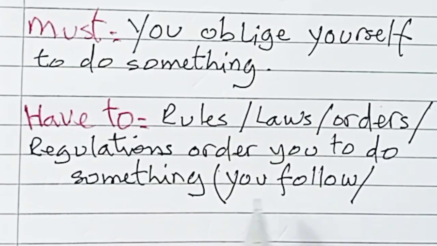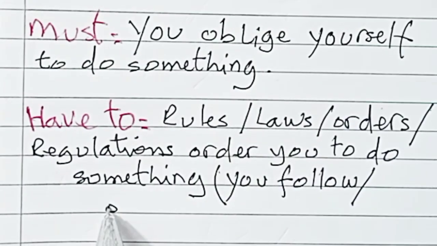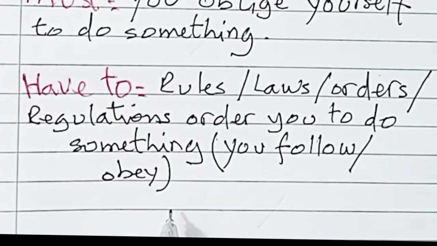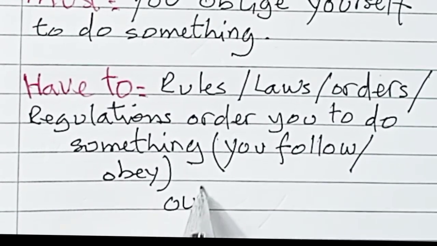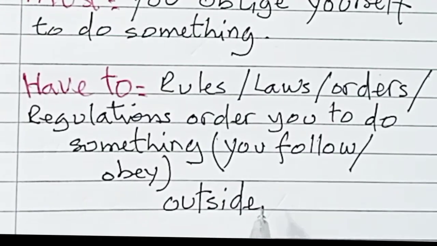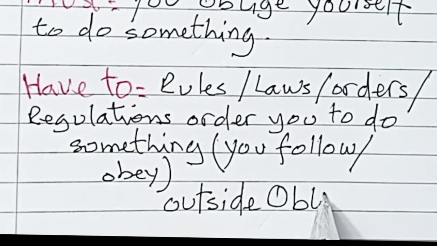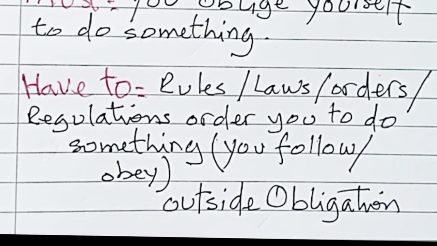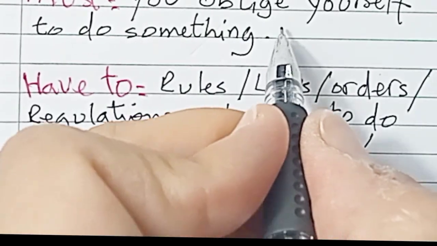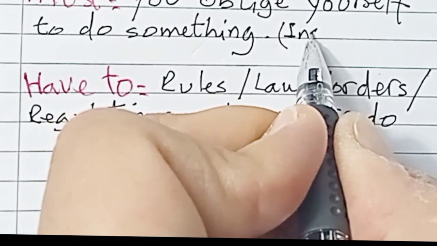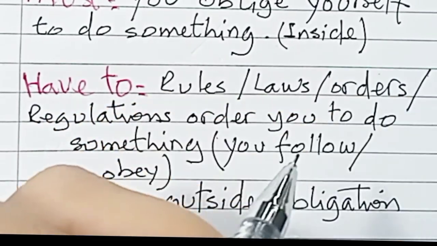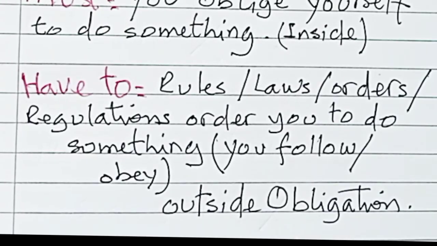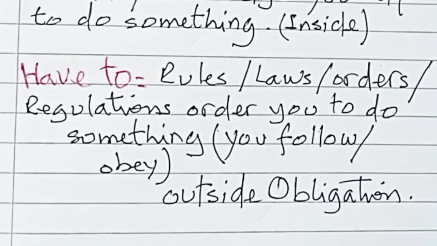You don't oblige yourself. However, the agreement, the contract, obliges you to pay your bills monthly. So you are just obeying the rule. So have to means an outside obligation. And paying bills, obligation comes from the outside. Must is from yourself, from the inside, and have to is from the outside.